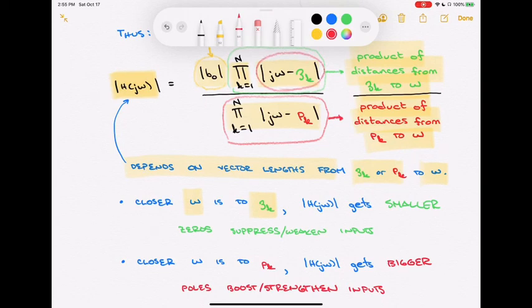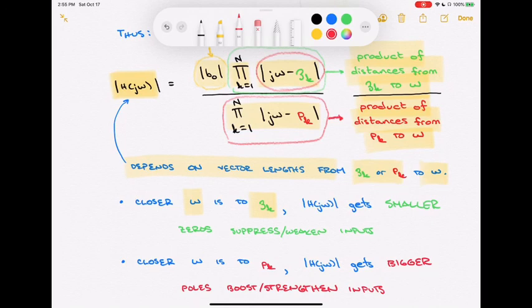And if that thing is small, that means that the magnitude response gets small. So if you were at a frequency that is near a zero, your overall magnitude response is going to reflect that by being small. Zeros tend to suppress or weaken inputs of frequencies that are near those zeros. Zeros have a minimizing, a weakening, an attenuating kind of effect on inputs.